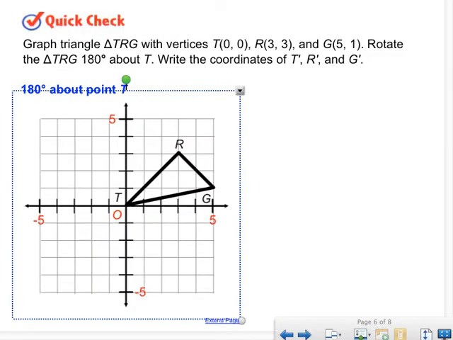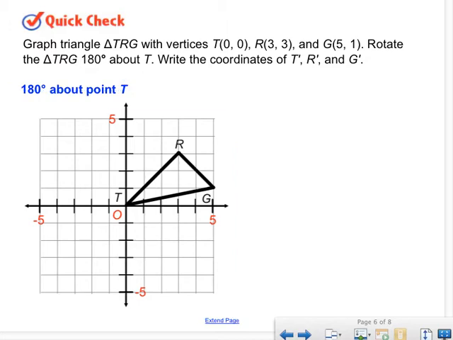All right. Now what I need you guys to do for this one is a rotation about the origin. So we have this graph of this triangle, TRG, and it's being rotated about the origin 180 degrees. And since the book doesn't tell us what direction, what do we assume it to be? Counterclockwise.